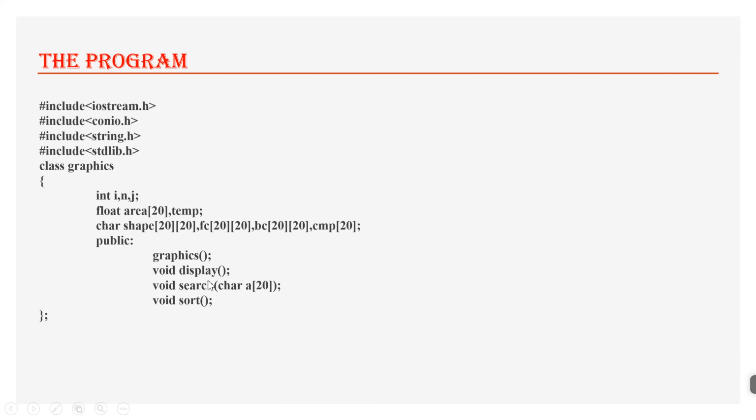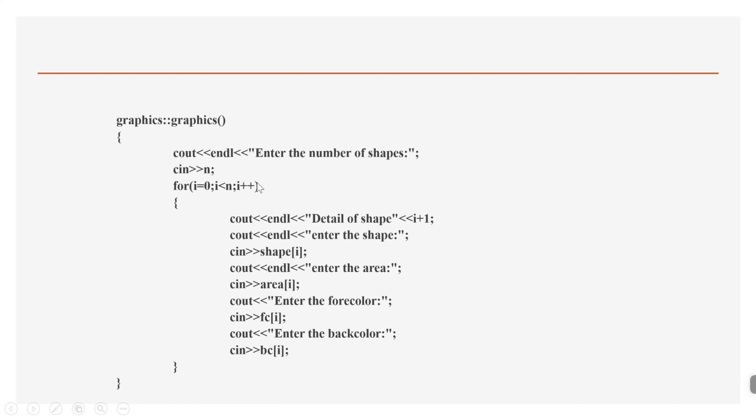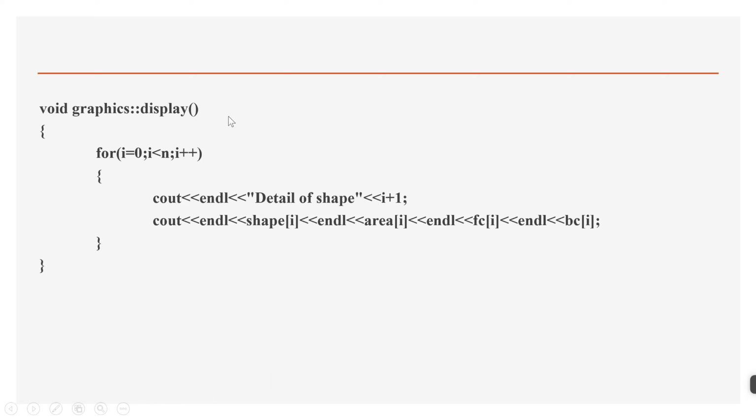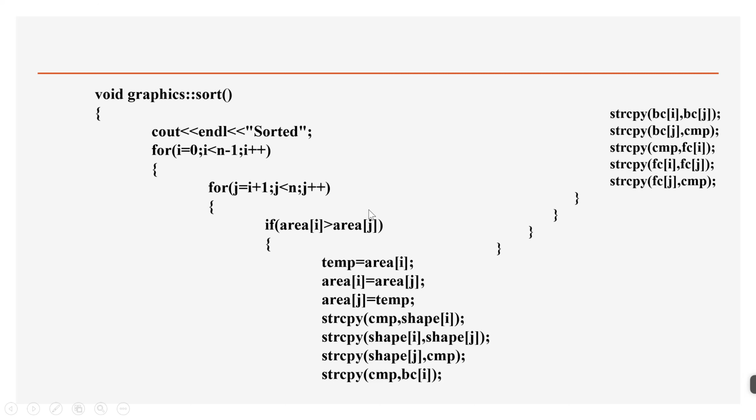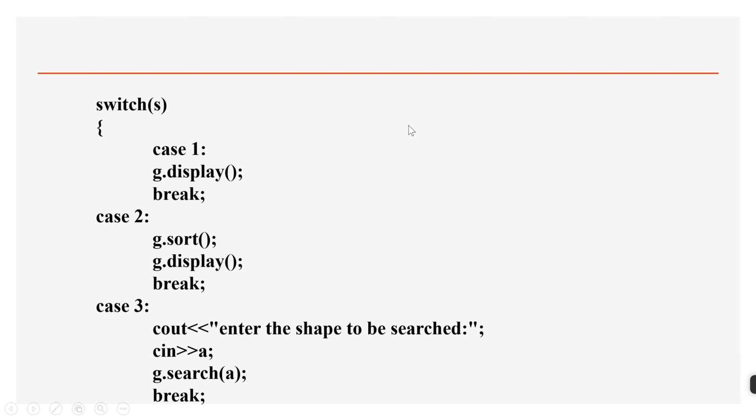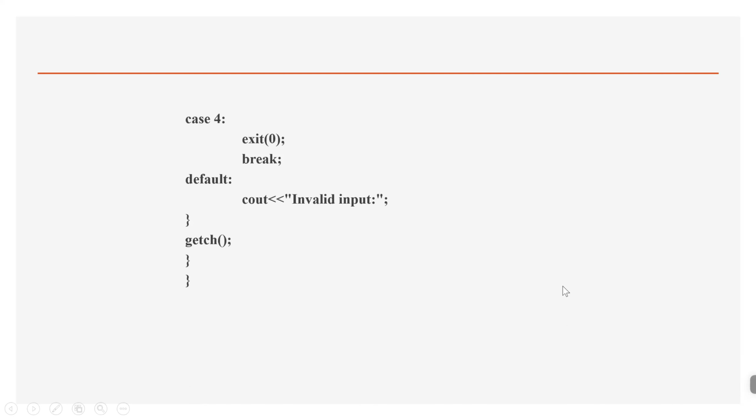Here I used display, search, sort, and the constructor. The constructor will read the values into the object. Display will display the object's contents. Search will read the shape, then it will search whether the particular shape is available or not. Then sort will sort the entire set of shapes as per the area. So this is how your program is working. Thank you.